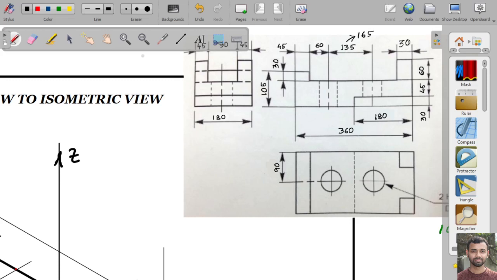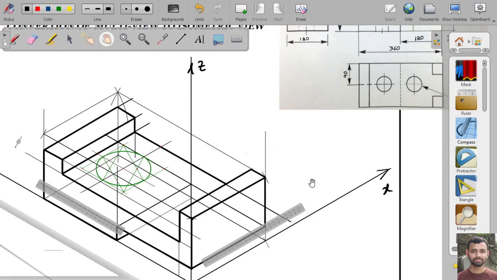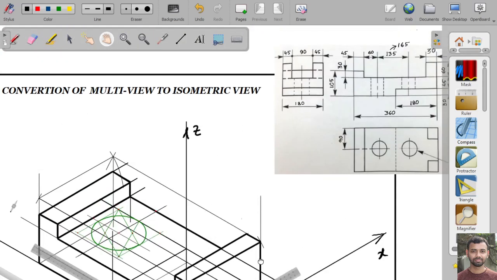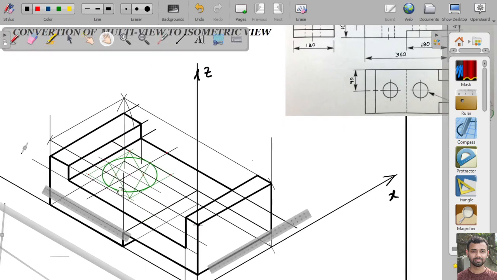That means we can do it in this way also. To make this hole, again we have to draw this four-centered method.